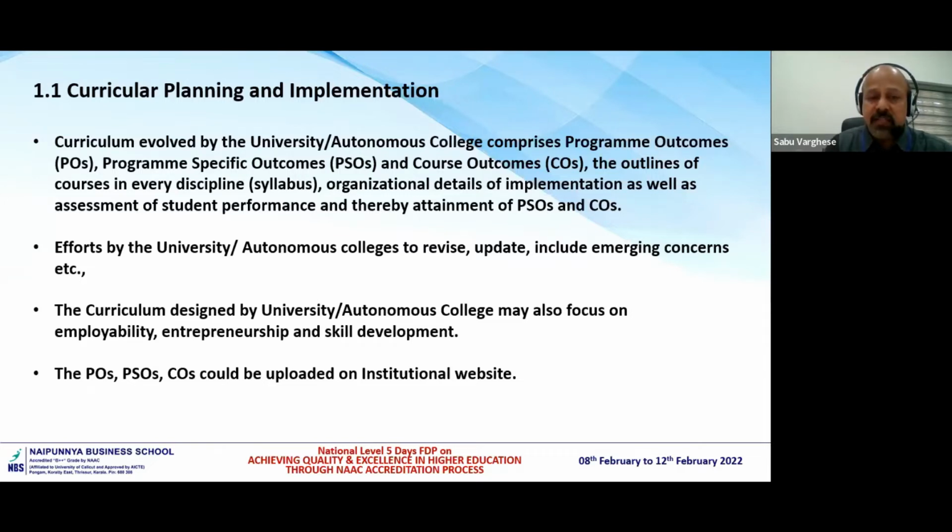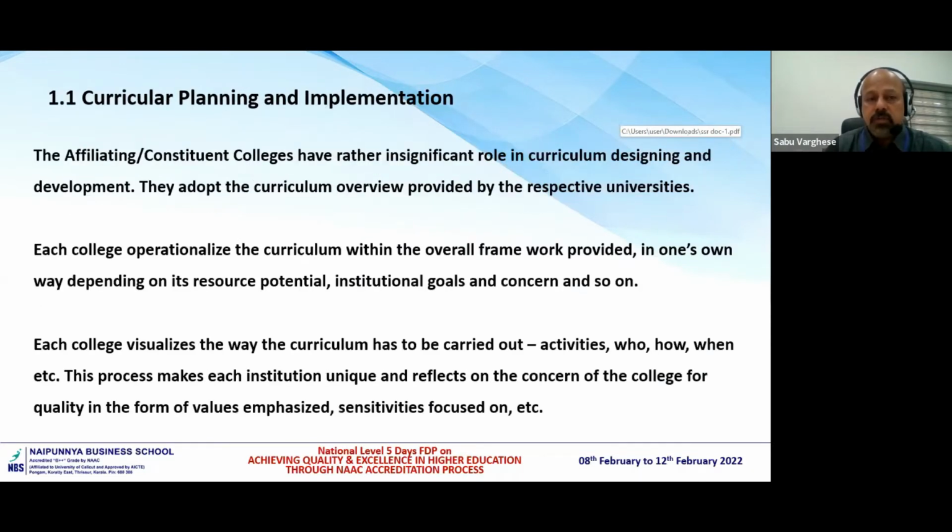They will be designing the syllabus and all those kind of things. So a university or autonomous college has a very significant role in the design and development. But when it comes to a college, the role is not so significant; constituent colleges have a rather insignificant role in the curriculum design and development.